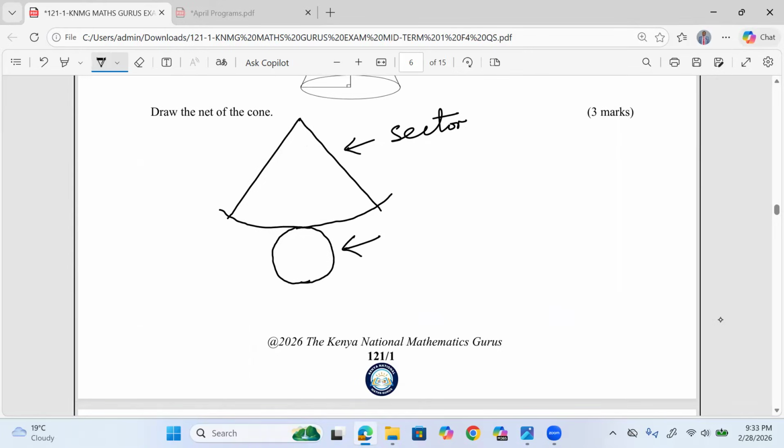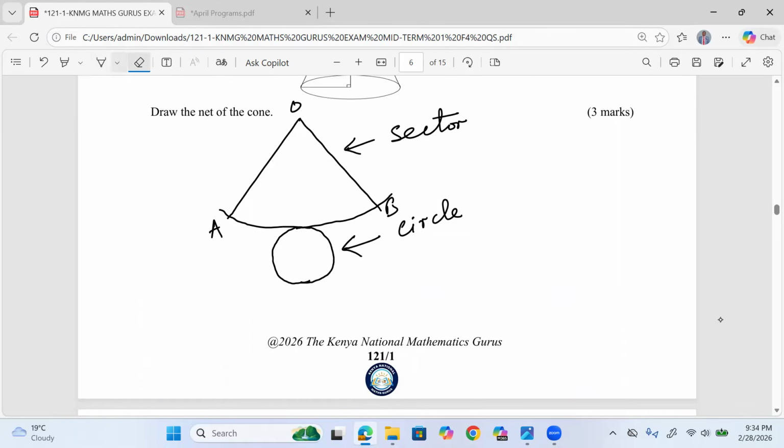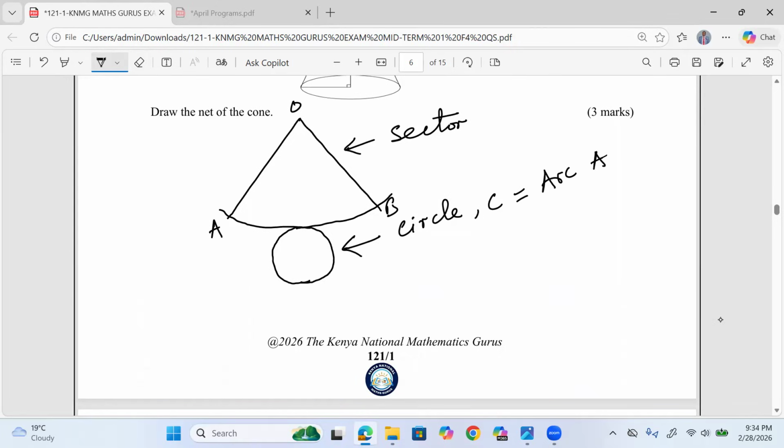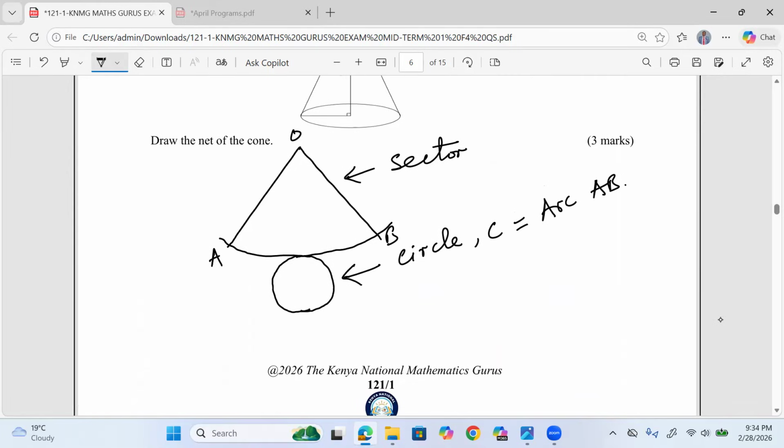This is a circle, such that the circumference of the circle equals the arc length, let's say arc AB, so that when you fold the sector, the arc AB becomes the circular part.